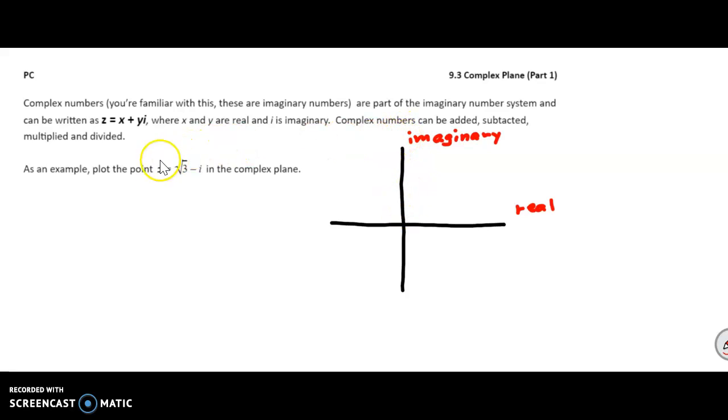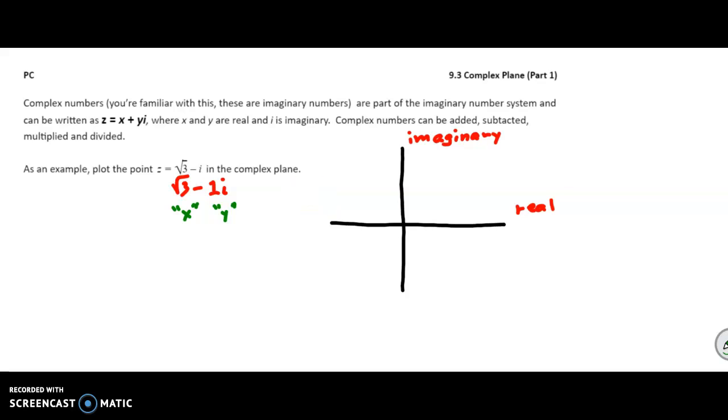This one here is square root of 3 minus 1i, and you can tell this is in the format of x plus yi, so this would be my x, and this one would be my y.